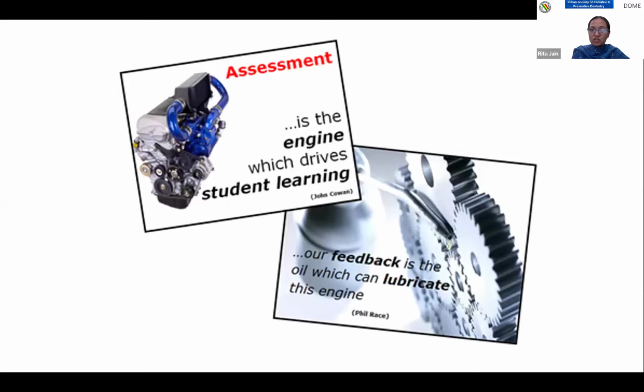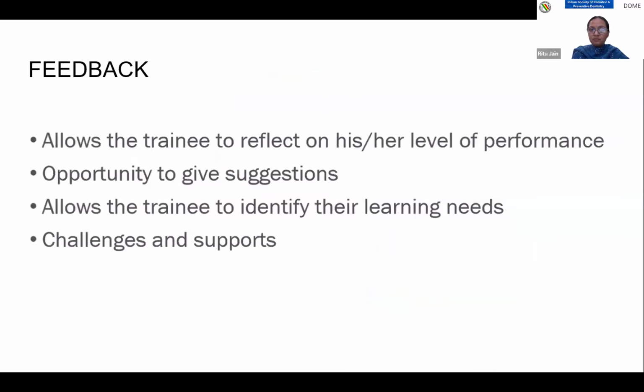As I showed in this picture yesterday also, assessment is the engine which drives student learning. So if we want to modulate student learning, we need to change our assessment. And feedback is very important to improve the effectiveness of assessment and learning, because feedback is the oil which will lubricate the engine of assessment.